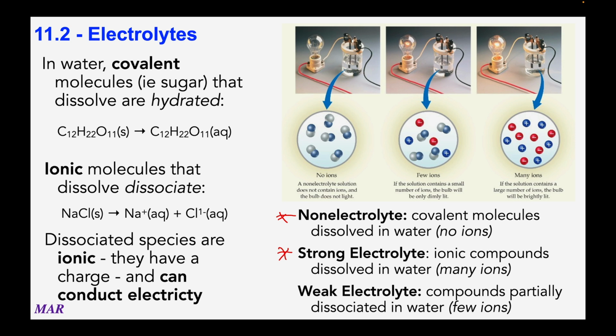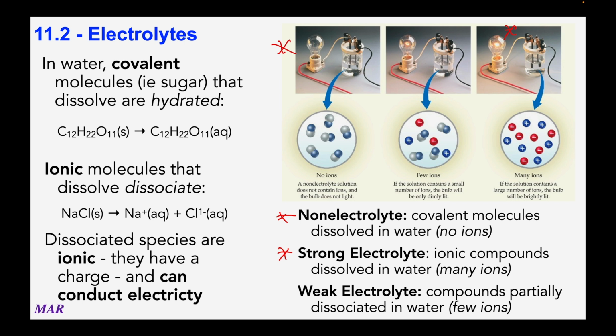And if you have lots of ions, the electrons can flow freely, and you have conductivity of electrons. Strong electrolytes. So notice in those pictures, on the far left, there's no light in the light bulb when it's the non-electrolyte, like covalent bonds, because no electrons can go through. On the other hand, on the far right, you can see that light bulb is very, very bright, all right? Electrons flowing through it, no problem.